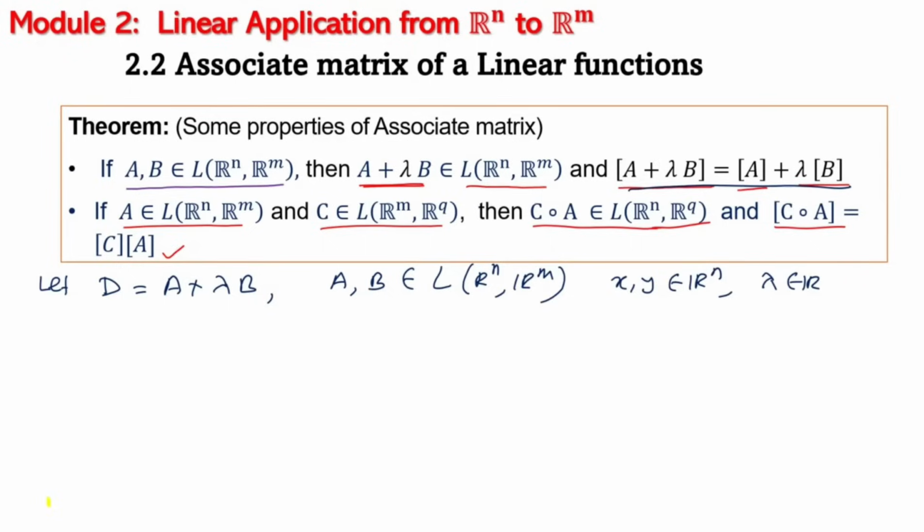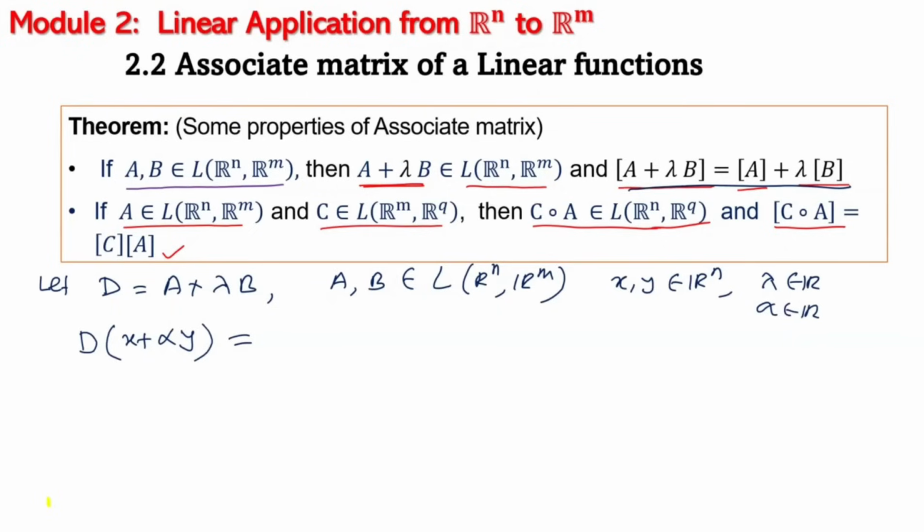So then if we apply D to X plus alpha Y, where alpha belongs to R. So what does this mean here? Because we have to show D is linear. To prove that, we have to show that this is equal to Dx plus alpha Dy.